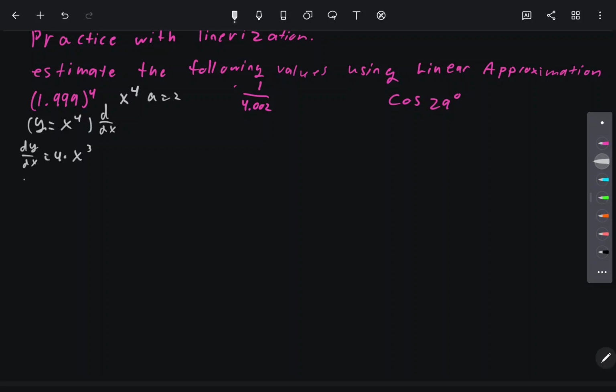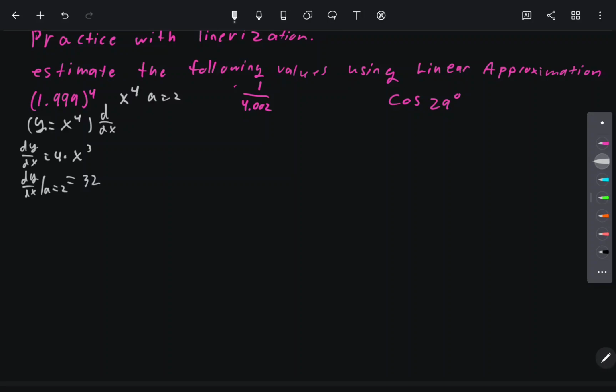We're going to take dy/dx and evaluate this at a is equal to 2. As you'll see, we get 2 to the power of 3 is 8, times 4 is 32. So that's our slope of the line at that point.